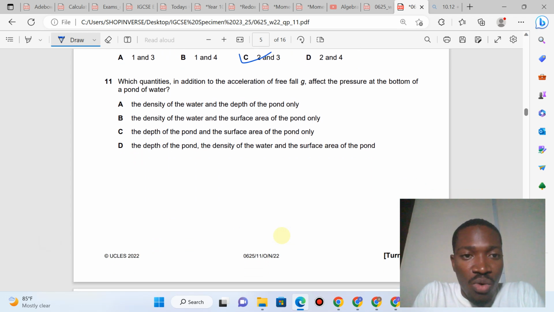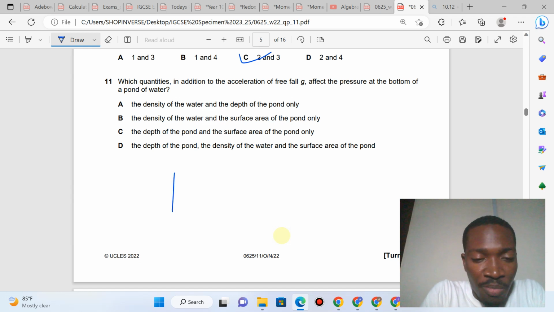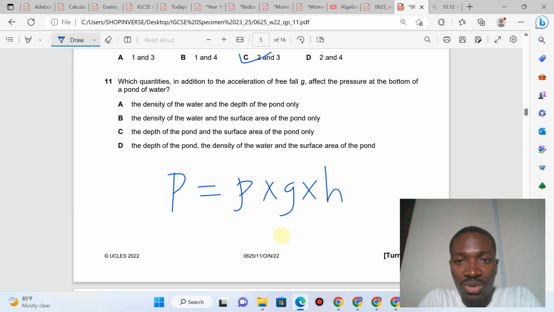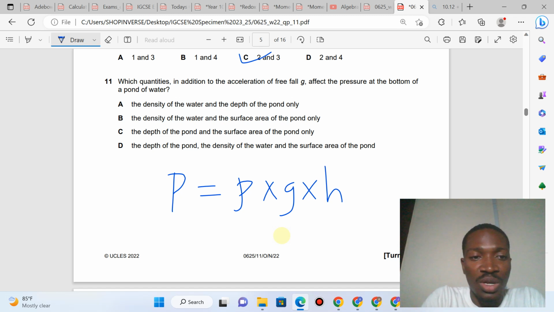Question 11. Which quantities, in addition to the acceleration of free fall g, affect the pressure at the bottom of a pond of water? The formula for pressure in liquids and gases is density times gravity times height. So in addition to density, what else will increase the pressure? You are told it is a given pond of water.